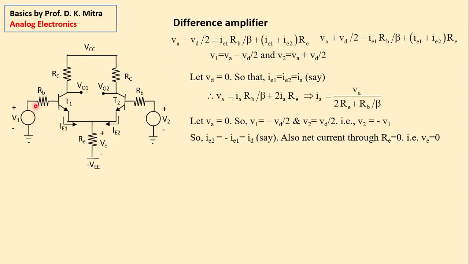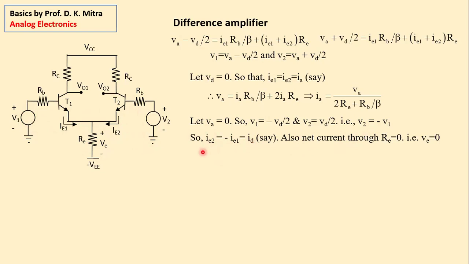That means the input here is equal to the opposite or reverse of the input here. V2 is equal to minus V1. If V2 is equal to minus V1, then obviously IE2 also will be equal to minus IE1 because it is a symmetric circuit. And we give it a name ID, differential, right?